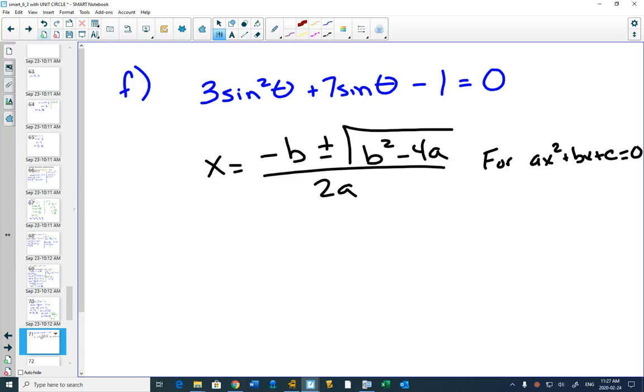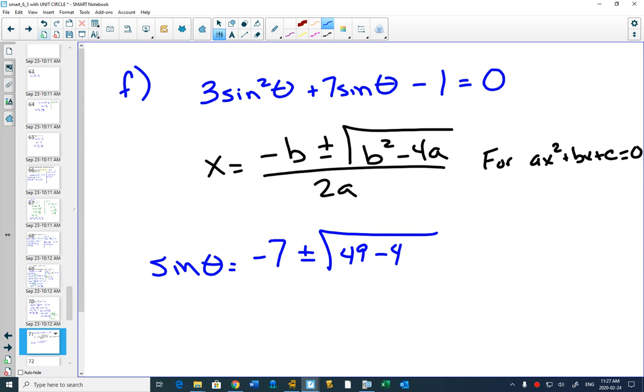We have sine. So instead of x equals, we're going to write sine of theta equals. But the rest of the values, so we're going to get sine of theta equals, what's our b value? So we'll write negative 7 plus or minus the square root of 7 squared, which is 49, minus 4 times a, which is 3, and c is negative 1, all over 2 times 3.